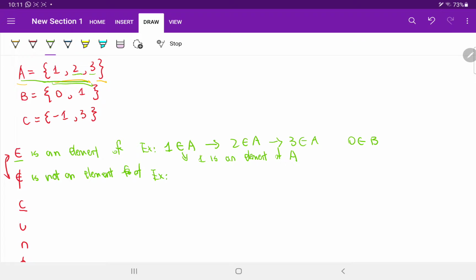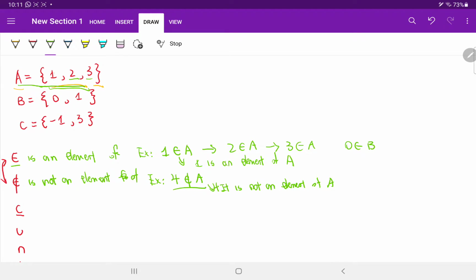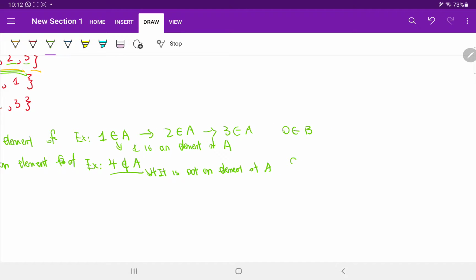We could simply write it as 4, this sign, A. What this says in English is that 4 is not an element of A. What about 0? Is 0 an element of A? Well, no, because there are only 3 elements in set A: 1, 2, and 3, and 0 is not one of them. So you could write 0, this sign, A as well.